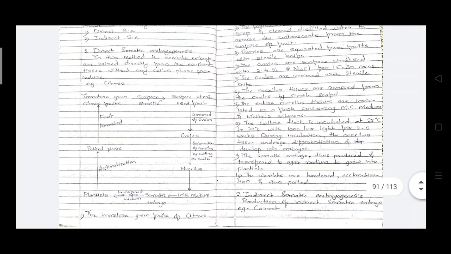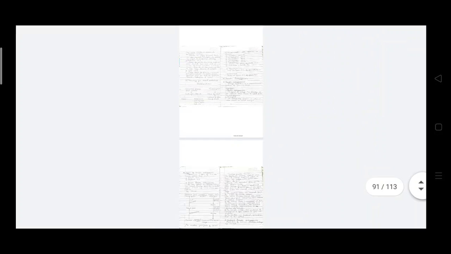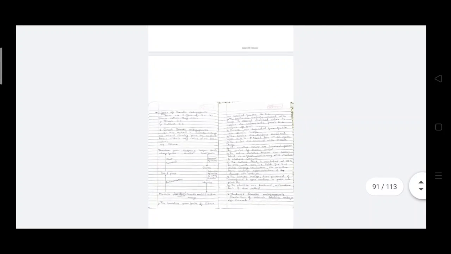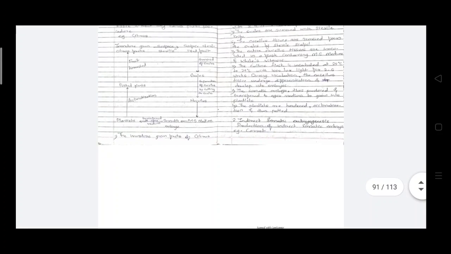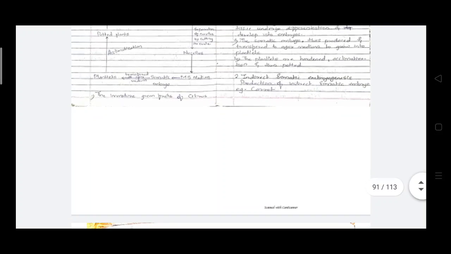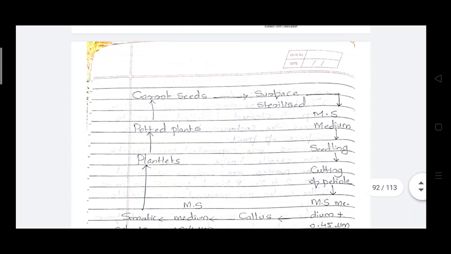And in indirect embryogenesis, we can use the carrot seeds. These carrot seeds will be sterilized and grown on the nutrient medium. On this nutrient medium, seedlings will be developed. With the help of a knife, we cut the petioles of the seedlings, and they will be recultured on the culture medium.